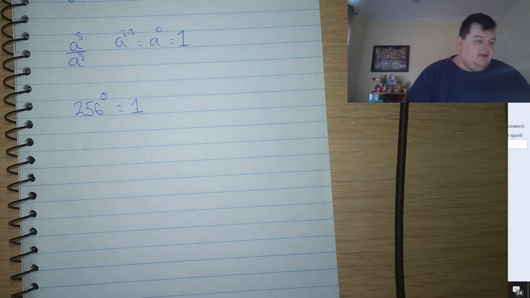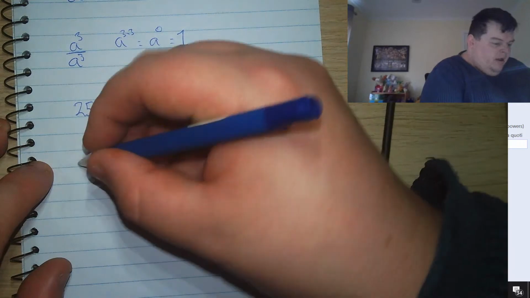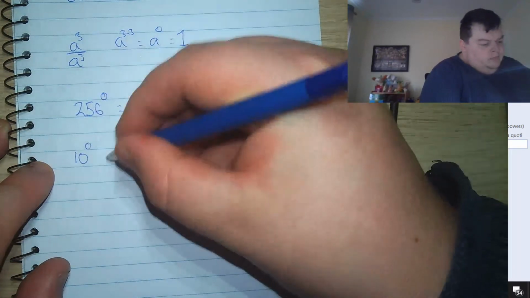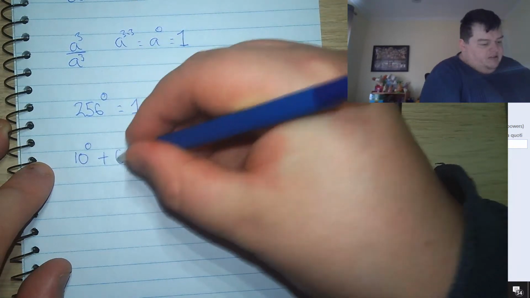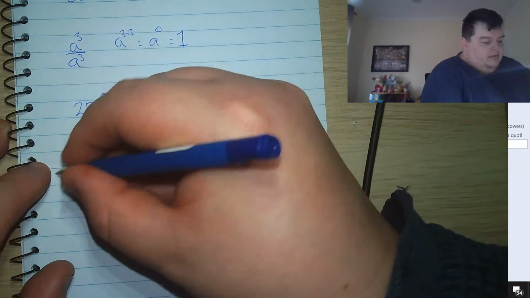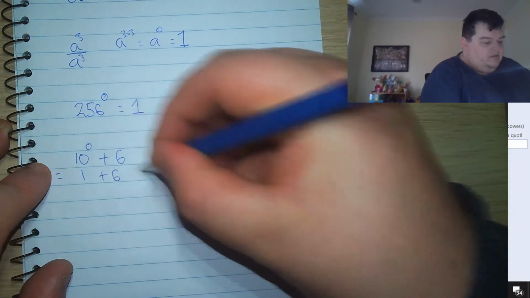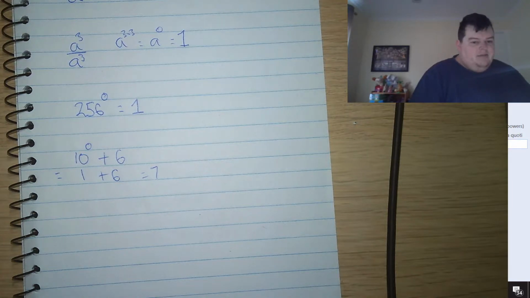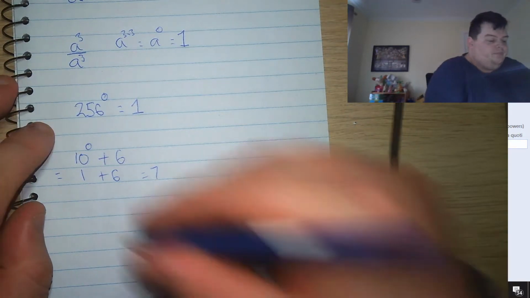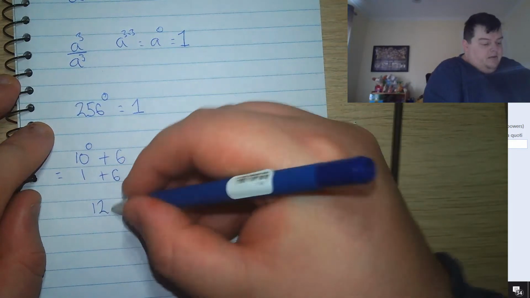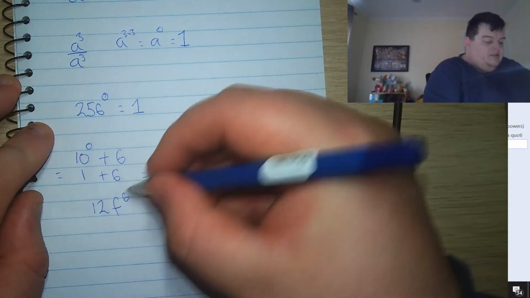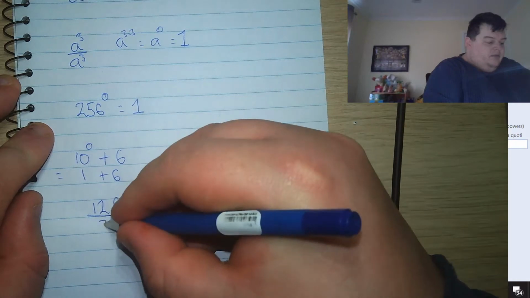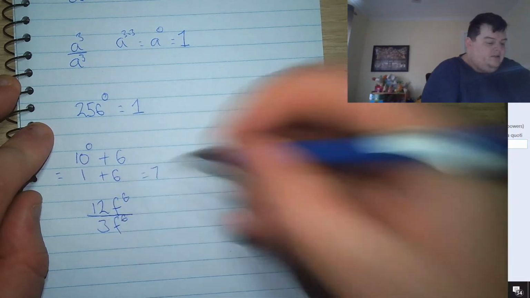Some other things that you might see could be things like this. You might have 10 to the power of 0 plus 6, which is just 1 plus 6, which is 7. Or you could have things that eventually work out to be 0. So let's say you have something like 12f to the power of 6 divided by 3f to the power of 6.